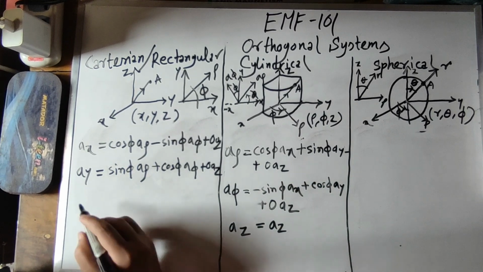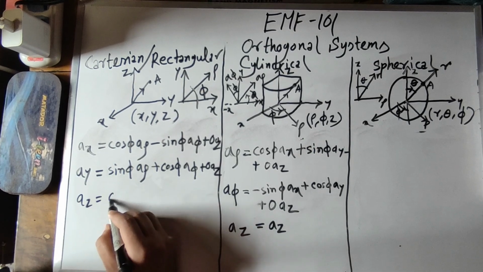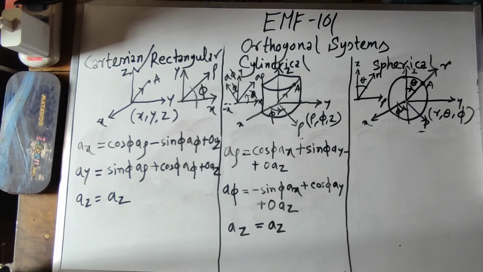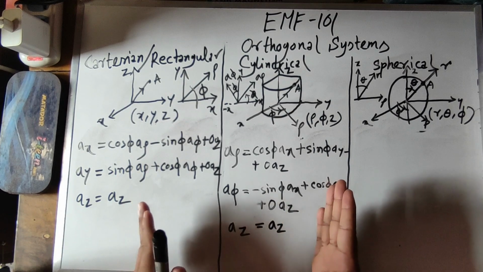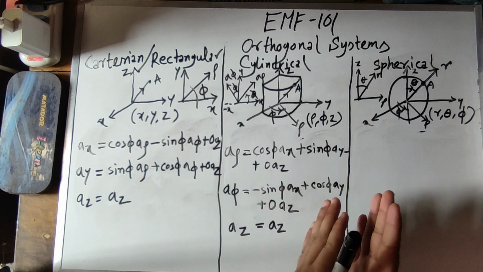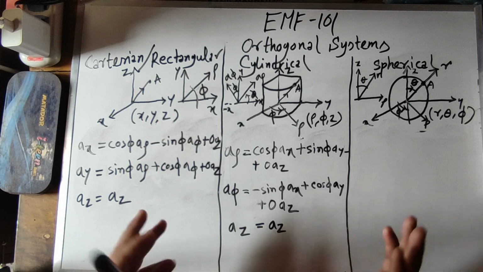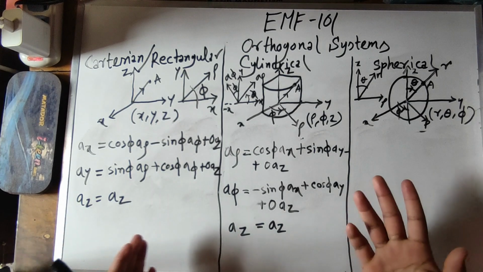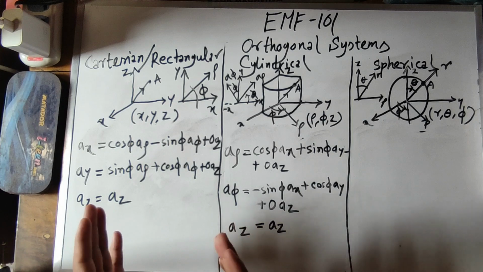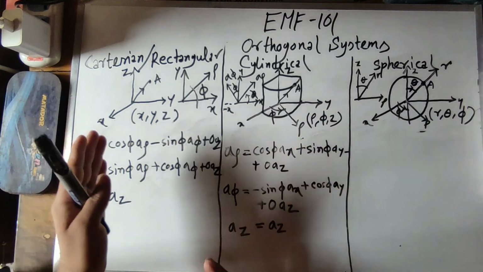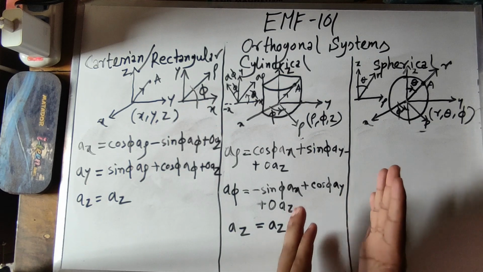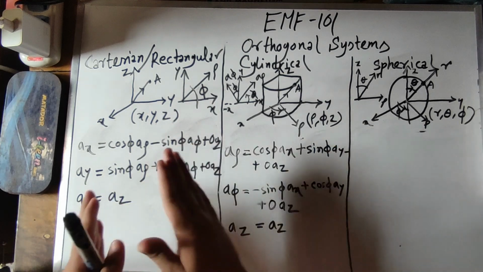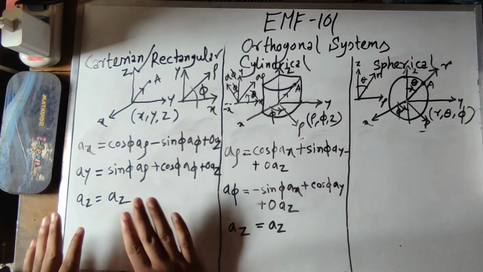Okay, and az is the same as z of cylindrical. These are the relations between Cartesian and cylindrical systems in terms of vector. If we want to convert a vector representation in Cartesian system to cylindrical, it will be this. And if we want to convert cylindrical to Cartesian, the unit vectors will be like this.